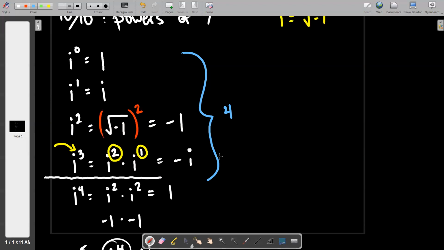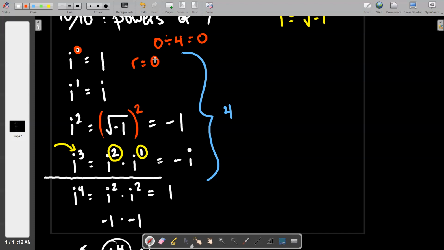So dividing by 4 makes perfect sense here. So let's consider this. When I had 0 as my power, that's an implication that when I take 0 divided by 4, I get 0 with no remainder. So when the remainder was 0, the answer was 1.